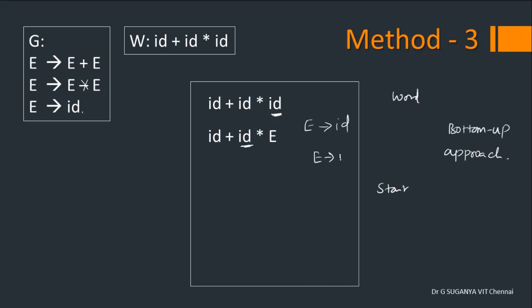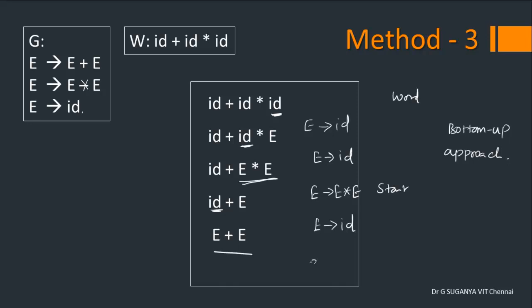Again, there is a mapping, E gives ID, and hence it gets reduced to E. Now this E star E together is getting mapped to the second production, and hence it could be reduced to E. Now that this ID is there, so E gives ID, so this ID gets reduced to E. Finally, this entire equation using the first production, E gives E plus E, gets reduced to E.